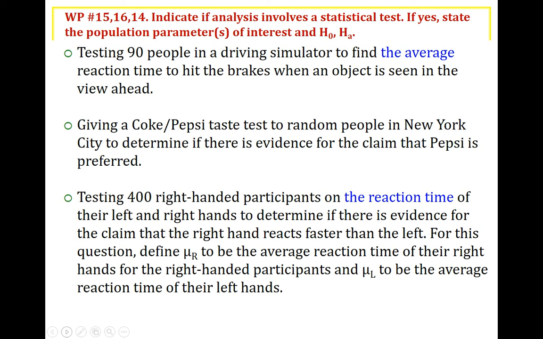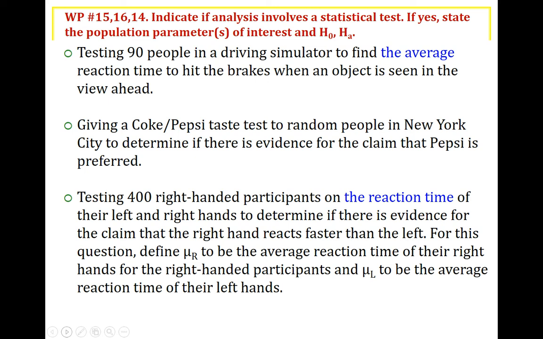We have a Wiley question, and it says, indicate if the analysis involves a statistical test. If yes, state the population parameters of interest. All right. We're testing 90 people in a driving simulator to find the average reaction time to hit the brakes when the object is seen in the view ahead. Well, first of all, there's no explanatory variable here.